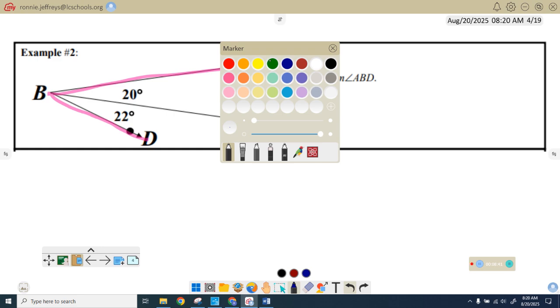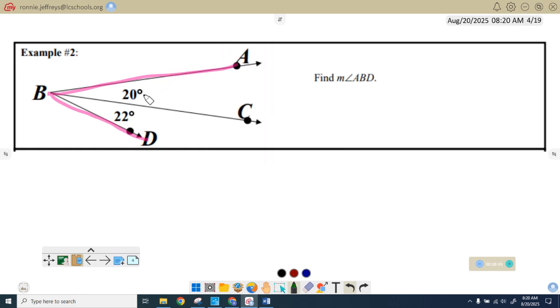All right, so we're going to add 20 and 22. So what is 20 plus 22? I think it's 42. Okay, it's 42 degrees.